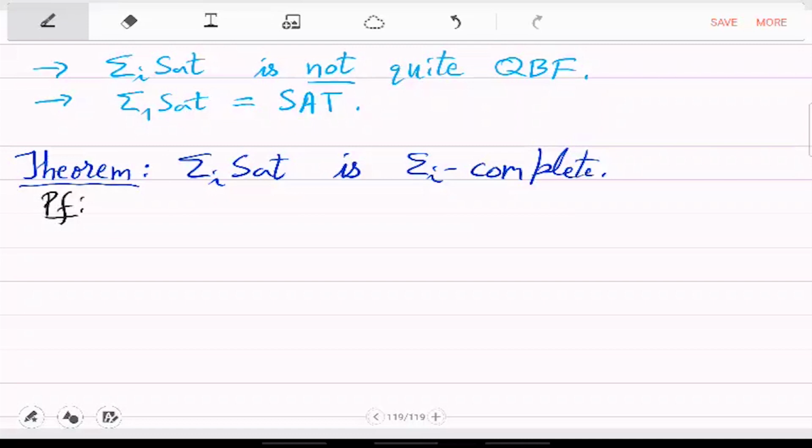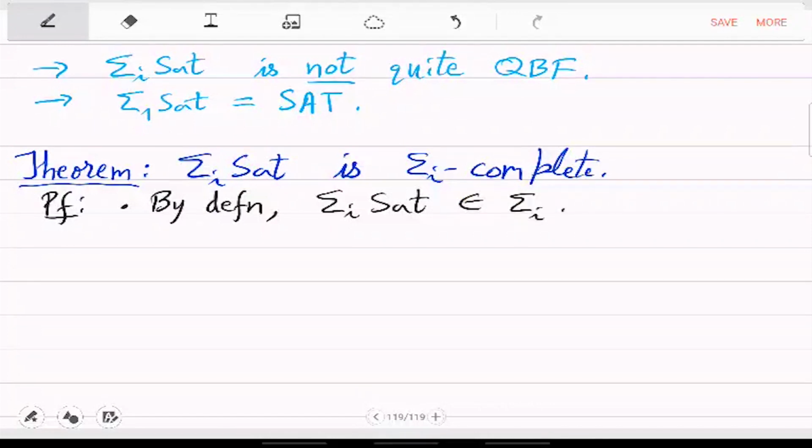Let's now do this for sigma 2. So by definition, sigma I SAT is in sigma I. Right? That isn't a problem because there were only I quantifiers. So it's in sigma I. We just have to show that it's hard. So let's take a language in sigma I.